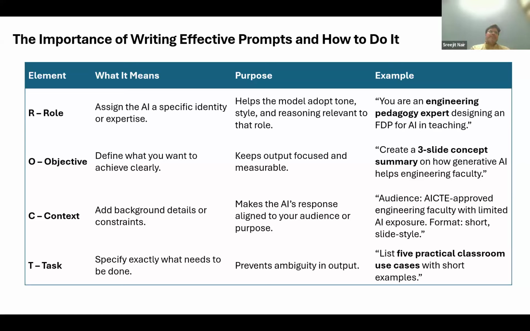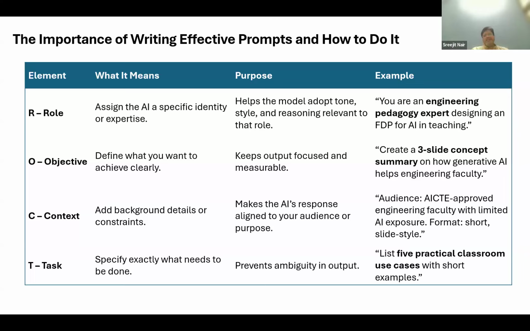We might be looking at introducing a new AI course, and instead of just asking ChatGPT to suggest how to start an AI course, it can go everywhere because it has millions of places to refer to for specific kinds of content. So instead, first of all, we should give it a role.